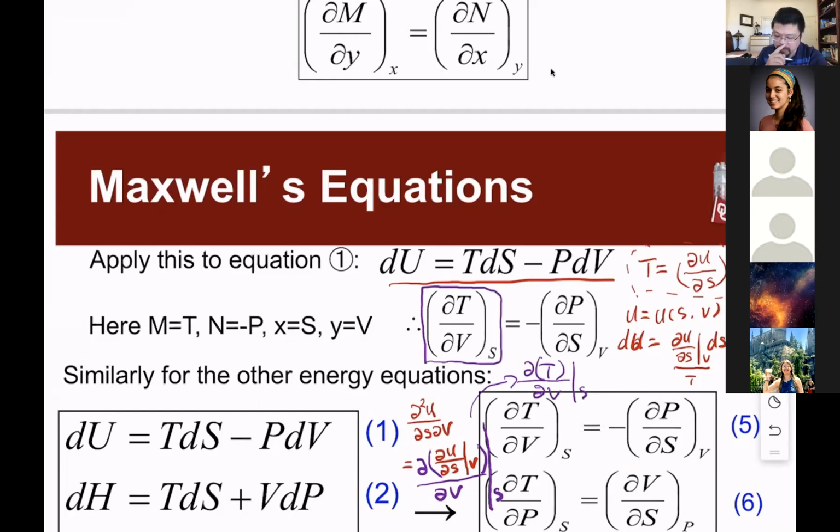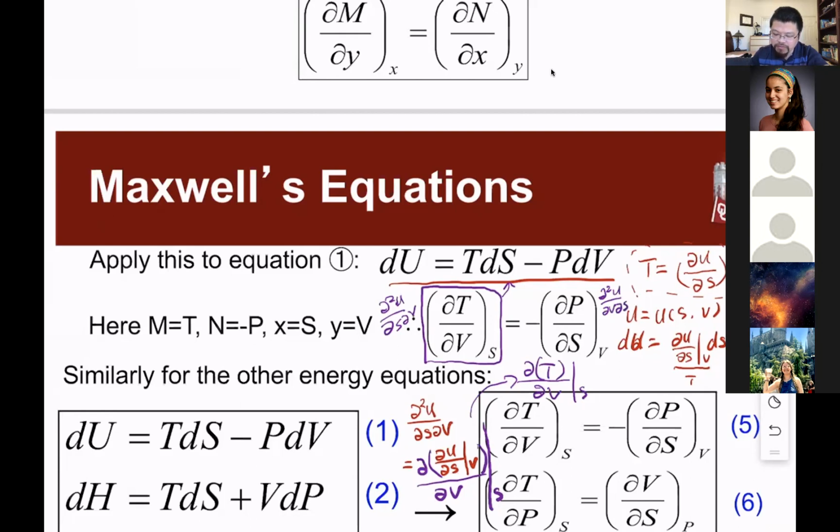So this is when we look at the first item of the differential, we try to take a look at ∂²U/∂S∂V. So that would be the first term, and on the other side, we are going to have this as ∂²U/∂V∂S.